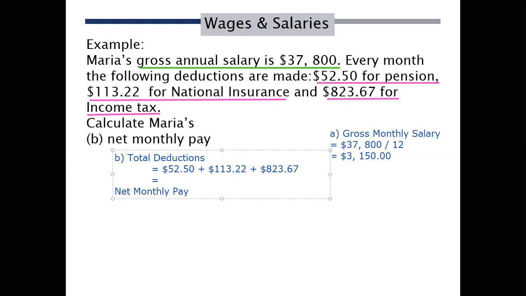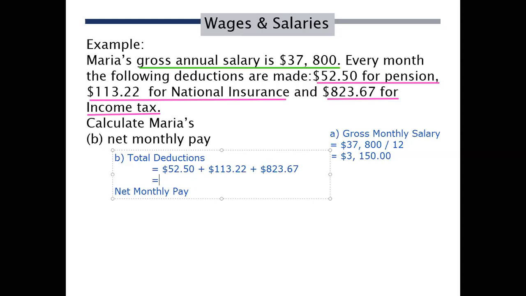And again, if we look at these, the national insurance for a fact is a mandatory deduction. The income tax, depending on where you live, is also a mandatory deduction. And her pension could be a voluntary one because she's preparing for her future, which is very important for us to do.